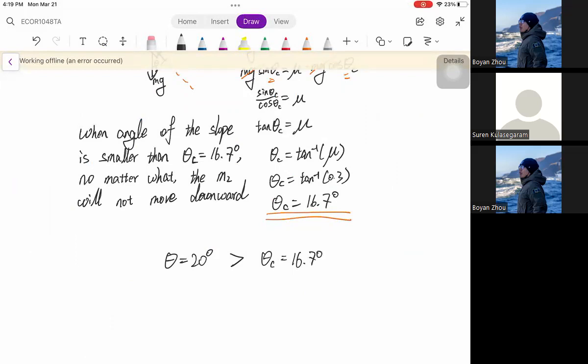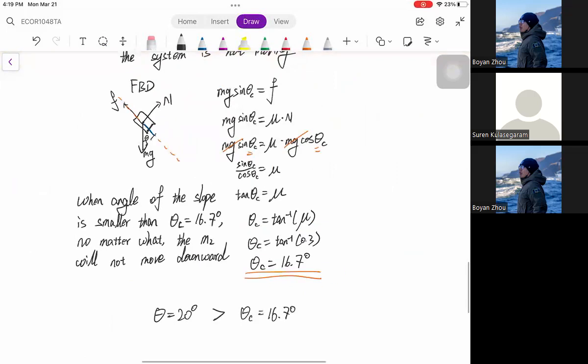So that means we need the car to move to stop M2 from sliding down. Okay, does that make sense to everyone?